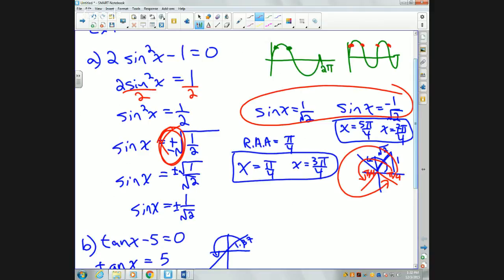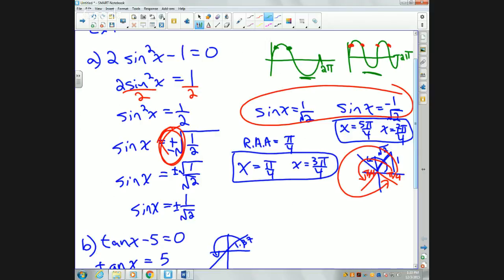How does that compression on the graph show up in the equation? How does this equation here look different from this one over here? Yeah, how do you get those more bumps? What changed here to here if this is still 2 pi? We get a compression, right? It's a horizontal compression.